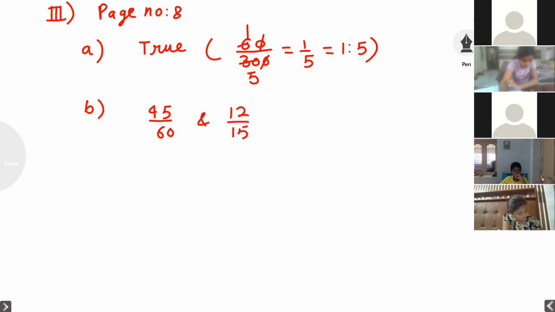We have to simplify, whether both are same or not same. 5 ones are 5, 5 twos are 10, 5 nines are 45. 9 by 12 is coming and 12 by 15 is coming. Both are not equal. Means second answer is false.